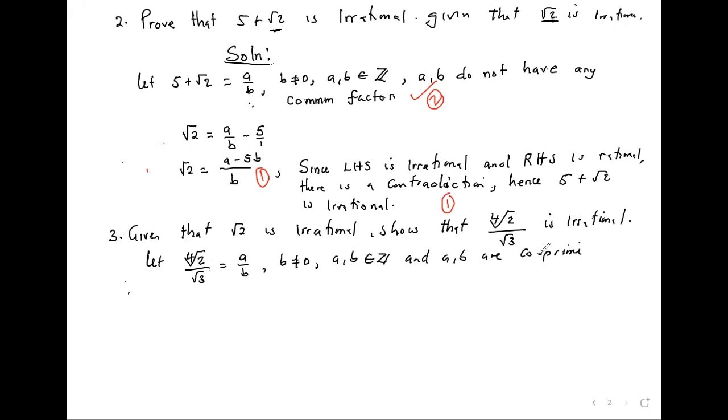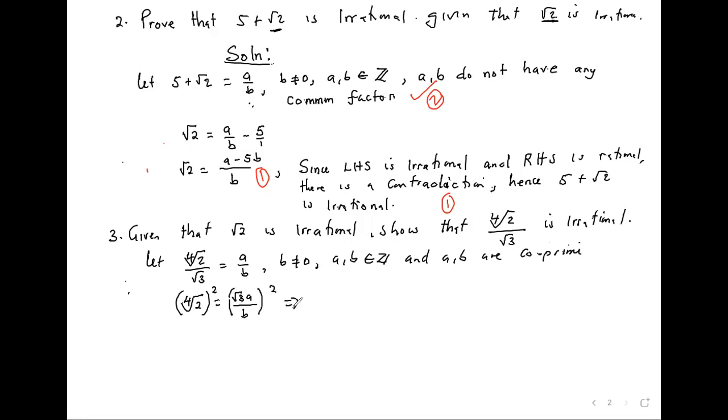So you come here and cross multiply. You write this as the fourth root of 2 equal to √3 a over b. Then you start by squaring.